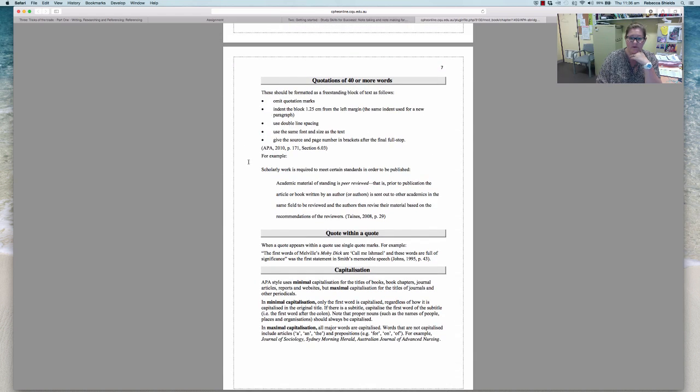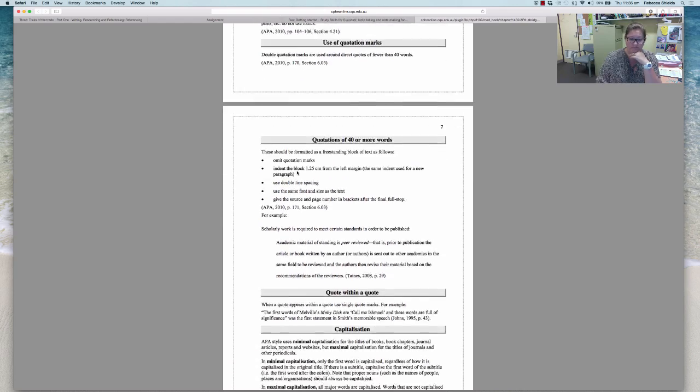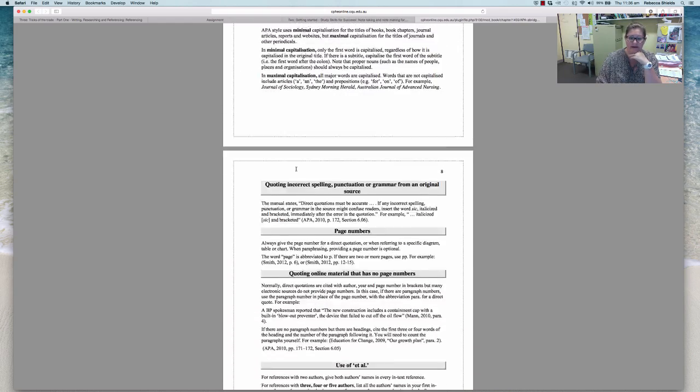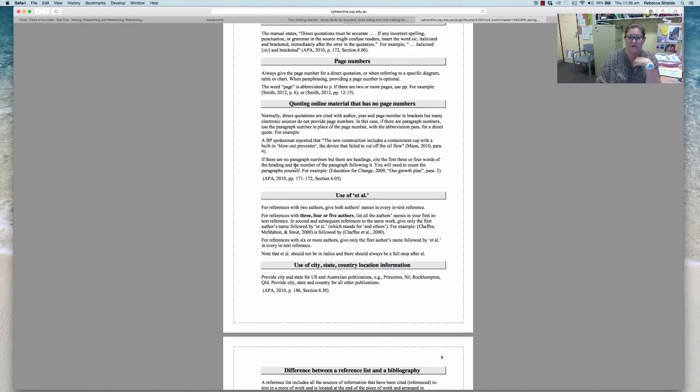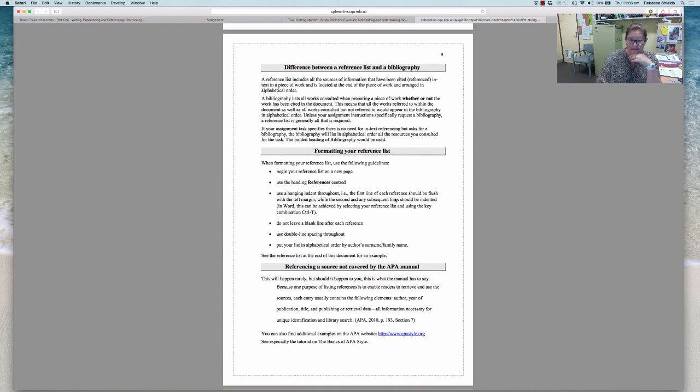And if you've got a quote of 40 or more words, here's how you set it out. It also talks about how to format your referencing list.